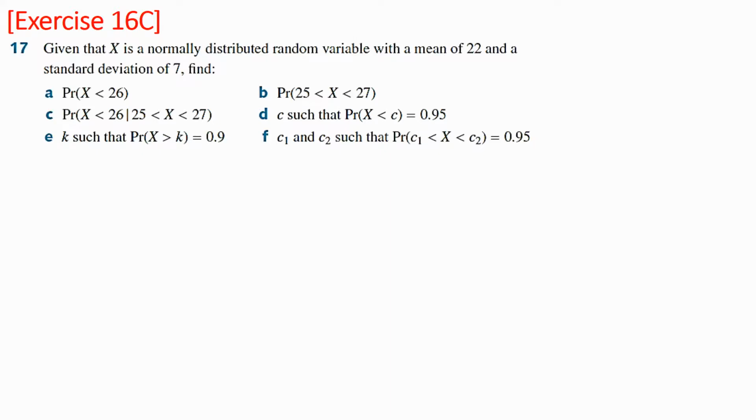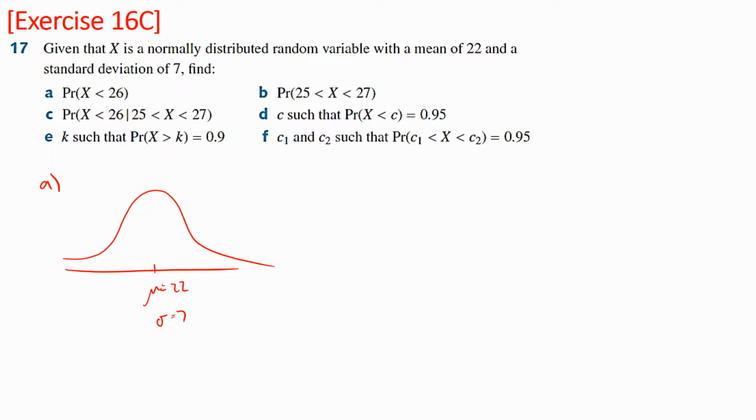See, it's the same thing. Every one of these questions, I want you to picture it. So sketch it out. This is what you have. You've got a normal distribution. It's not the standard normal. The mean now is not 0. The mean is 22. Standard deviation is 7. They're asking you to find, if 22 is here, the center, less than 26, 26 has to be over here somewhere.